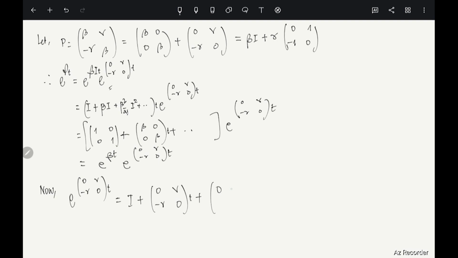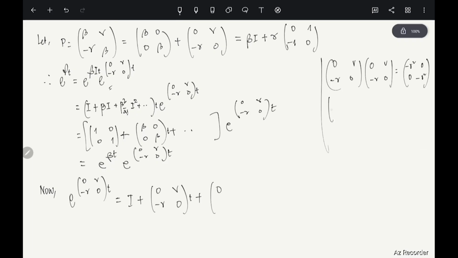Now let's calculate this thing. 0 gamma minus gamma 0, times 0 gamma minus gamma 0. If we calculate the whole thing, this will give you minus gamma square 0, 0 minus gamma square, and this is the square.